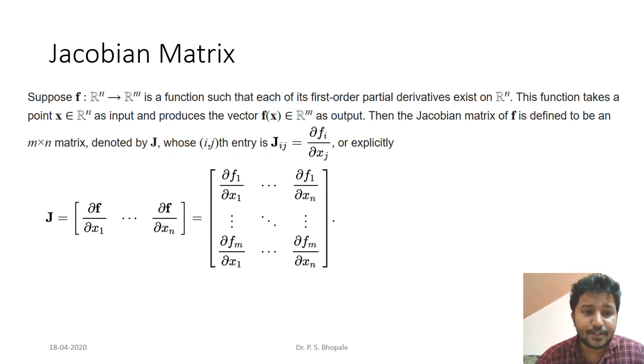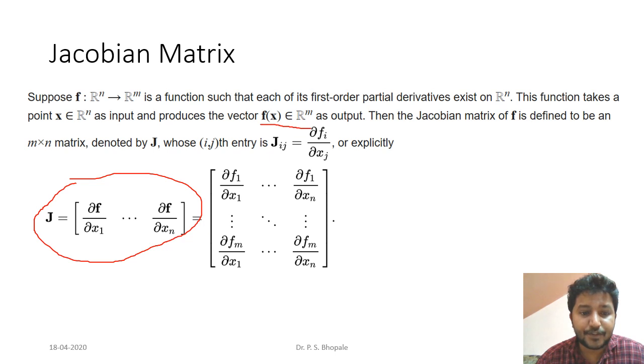If the function f of x is a real valued function, then the Jacobian matrix J can be calculated as the partial derivative of f with respect to x1, partial derivative of f with respect to x2, and so on. And if the function f is a stack of functions or a vector, then the Jacobian matrix can be calculated as the partial derivative of f1 with respect to x1, f1 with respect to x2, f1 with respect to x3, and so on till the partial derivative of f1 with respect to xn.